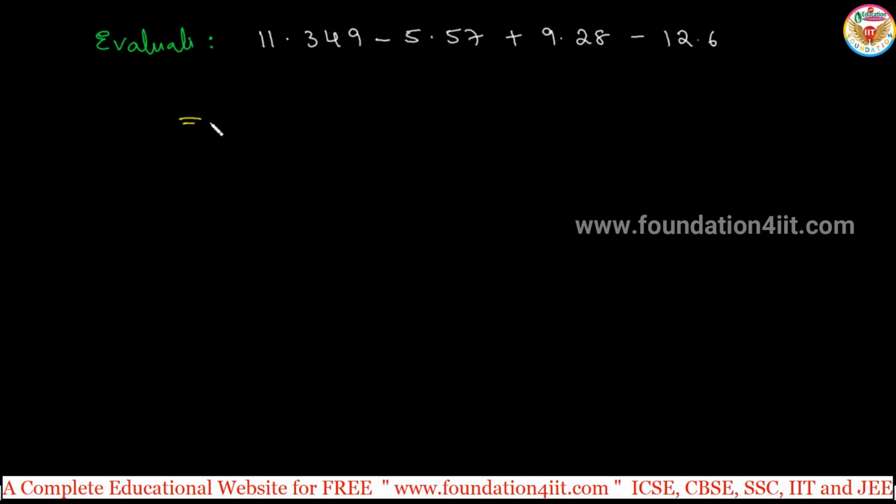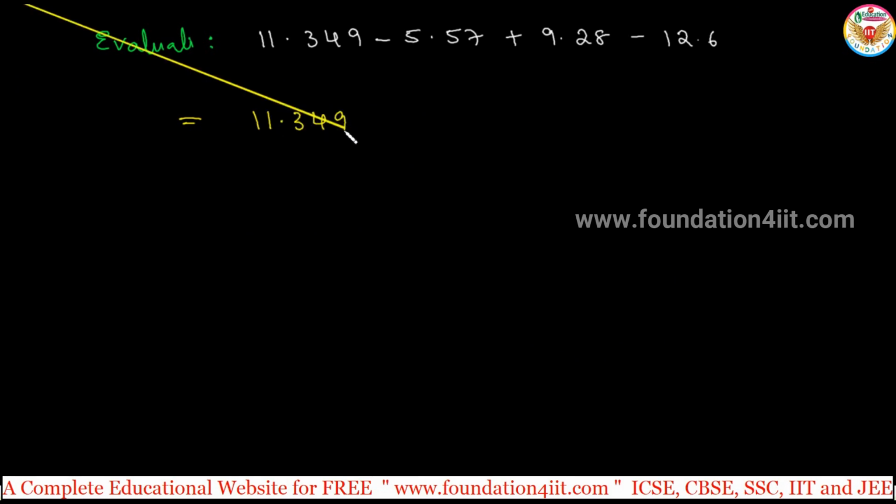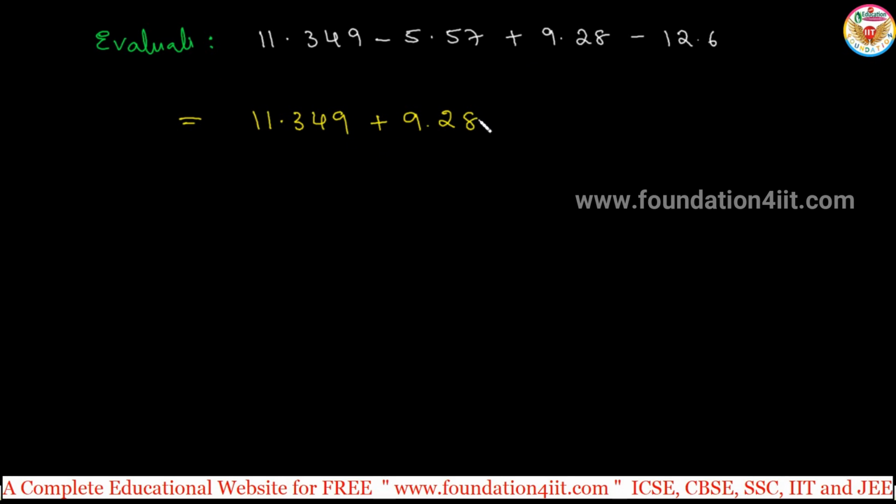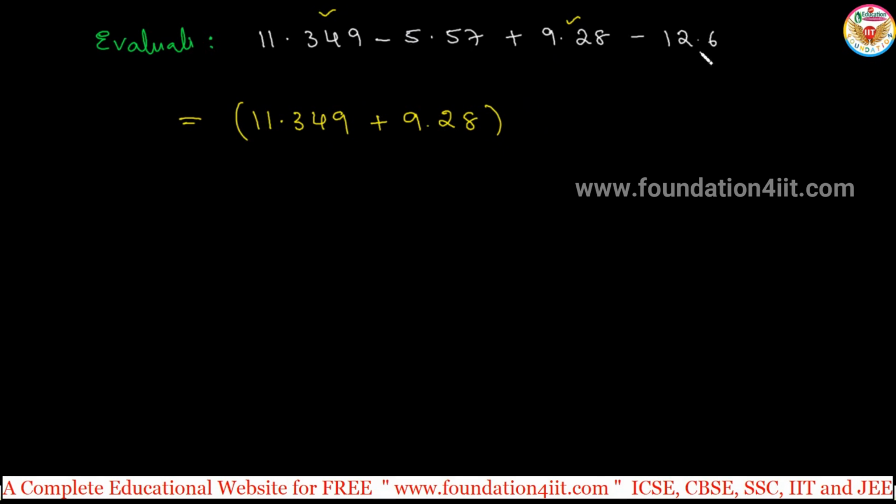That means 11.349, next plus 9.28. These both are positive numbers. Write them together. Next, minus 5.57 minus 12.6.